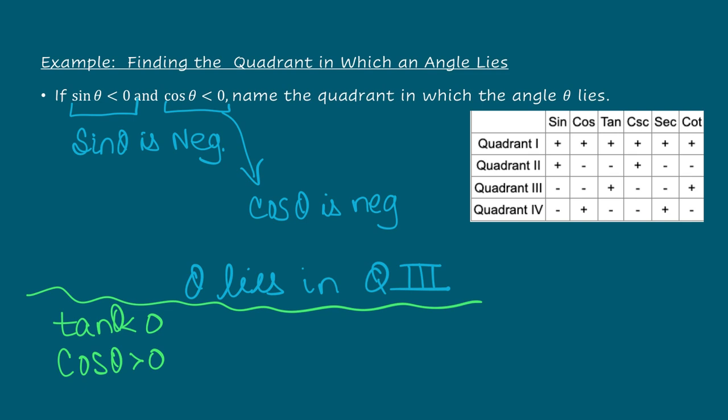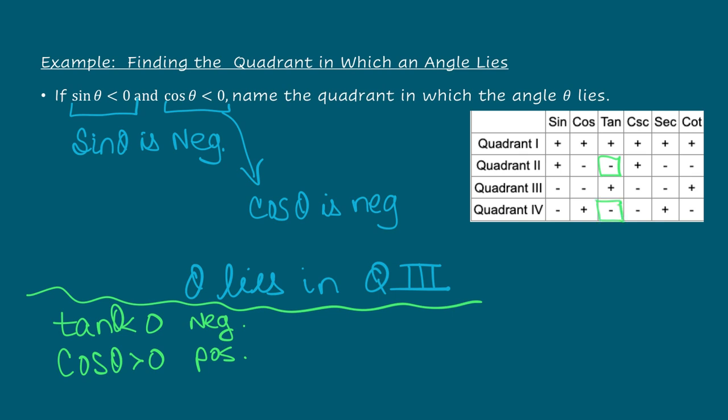Let's say we're interested in an angle whose tangent is less than 0, but whose cosine is greater than 0. So we're looking at an angle whose tangent is negative and whose cosine is positive. Tangent is negative in either quadrant 2 or quadrant 4.